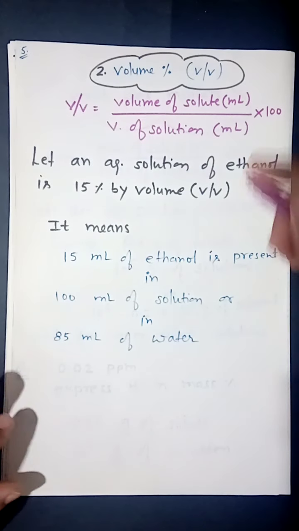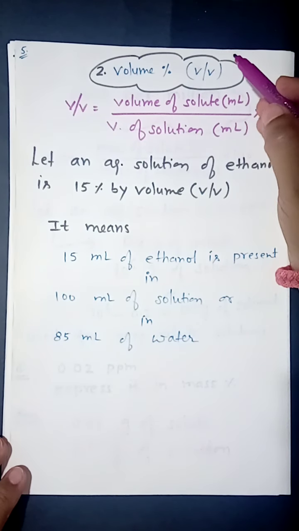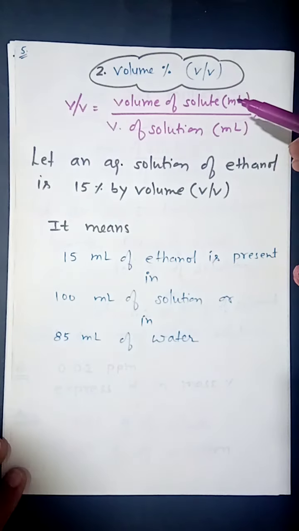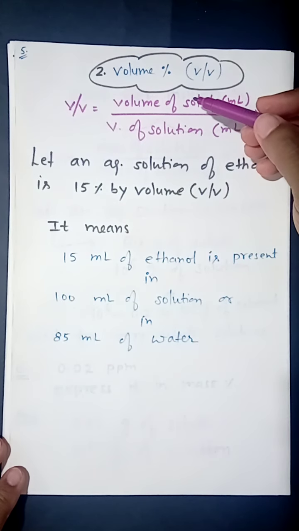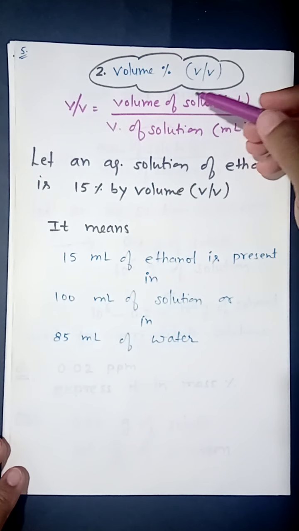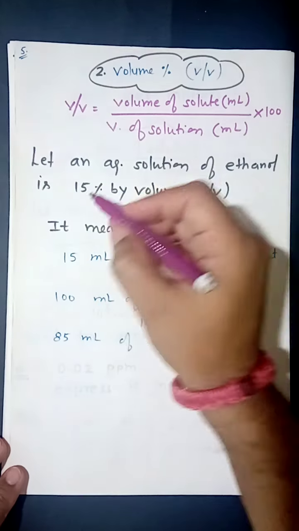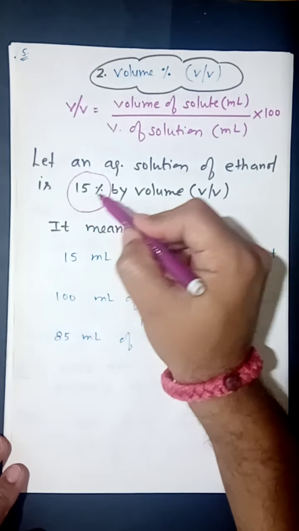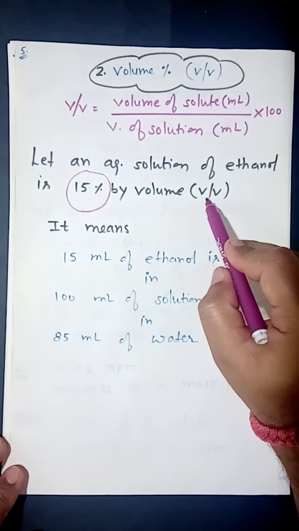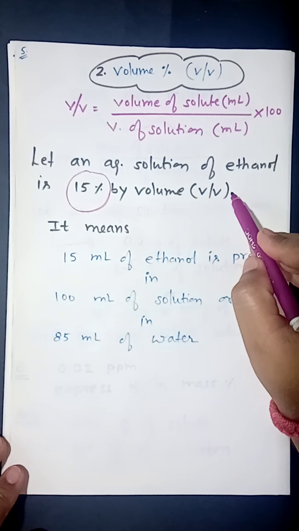Now the second concentration term is volume percent, almost the same. The only difference is the previous one deals with mass of solute and solution, and here it deals with volume of solute and solution. For example, if a solution is given as 15% by volume, this time its symbol is V by V, earlier it was W by W, this time volume.